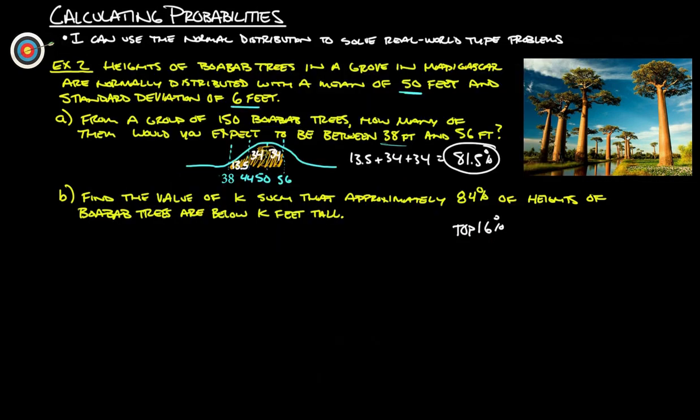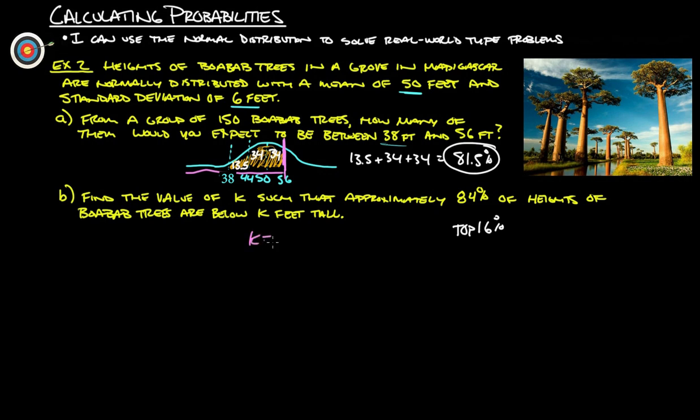So I'm going to do one more different color here to try to help out. It's going to be everything below here, right? So find the value of K such that approximately 84% of the heights of the baobab trees are below K feet tall. That's K right here, below 56, right?